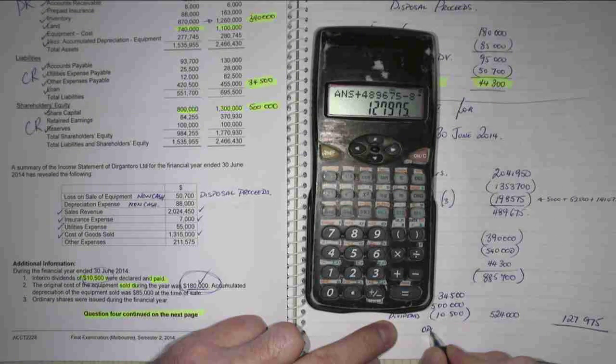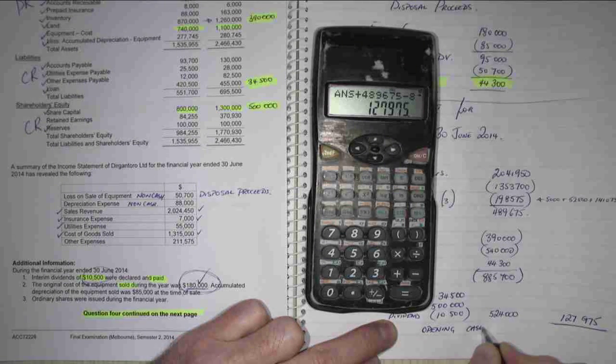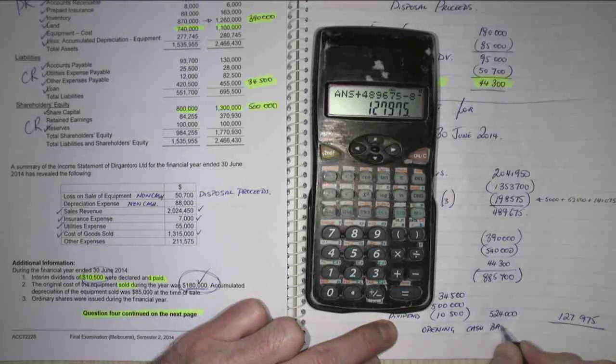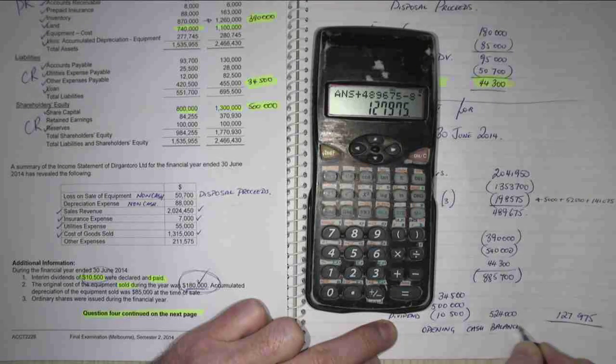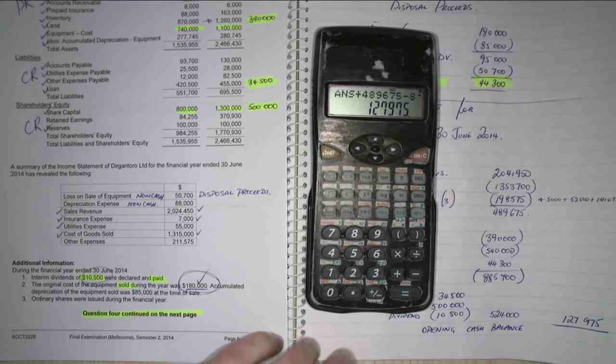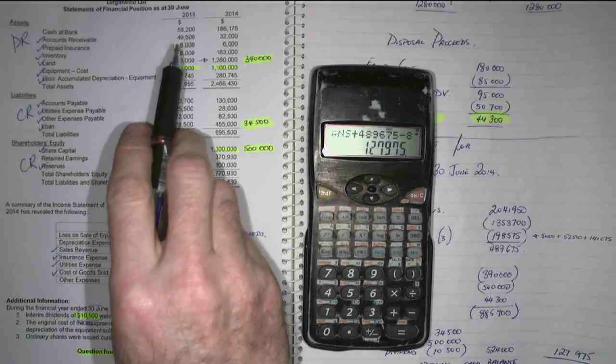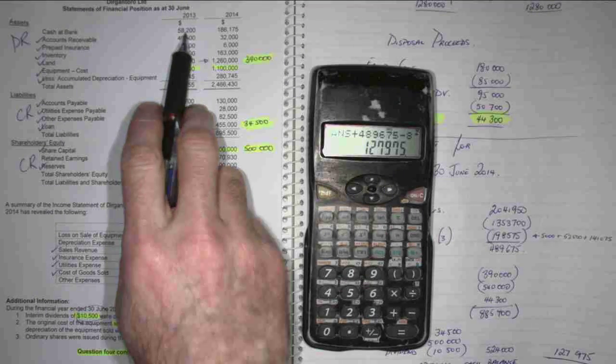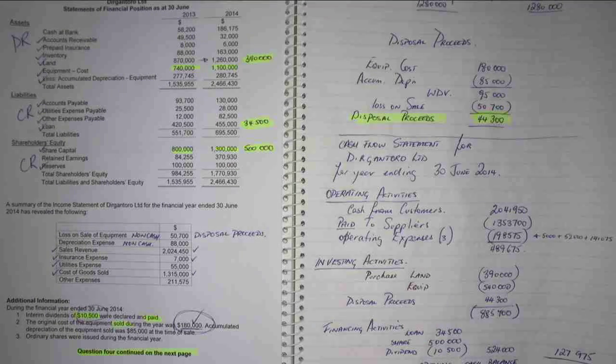Opening cash. Where do I get my opening cash balance from? Yep, cash at bank, and my cash at bank figure is 58,200.